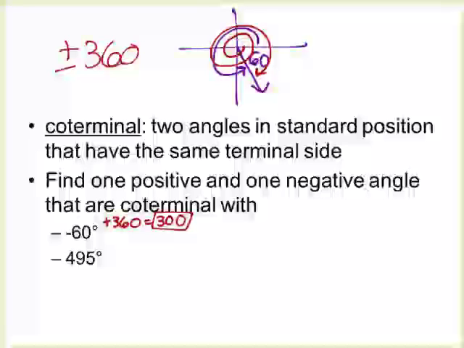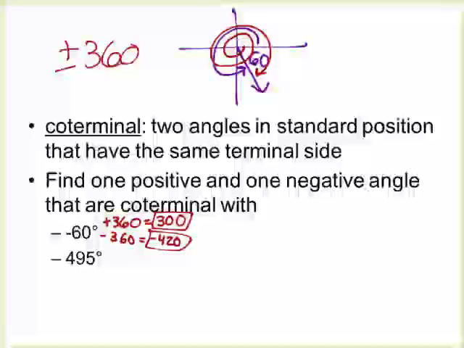For the negative angle, I'm also going to subtract 360 degrees, which would give me negative 420. So what this means is, if I graphed negative 60, the original question, and my two answers, 300 and negative 420, they will end at exactly the same spot. Right? Their directional arrows would be pointing different, but they would all end at exactly the same spot.